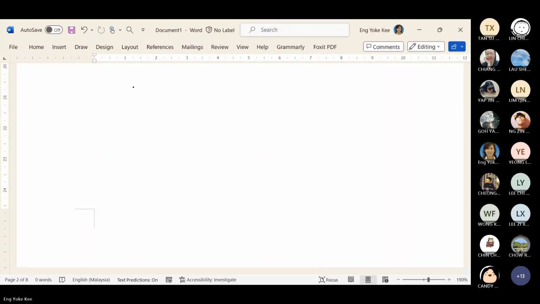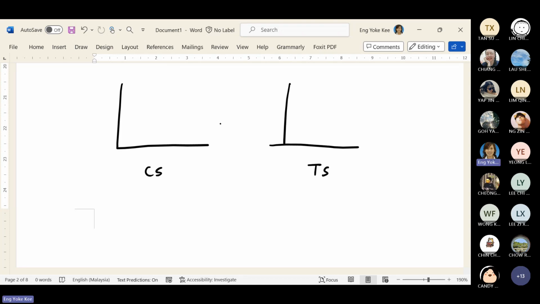Unlike other types of data, let's say, for example, we have cross-sectional data versus time series data. So you will see that if we have variable y, this is the time dimension.